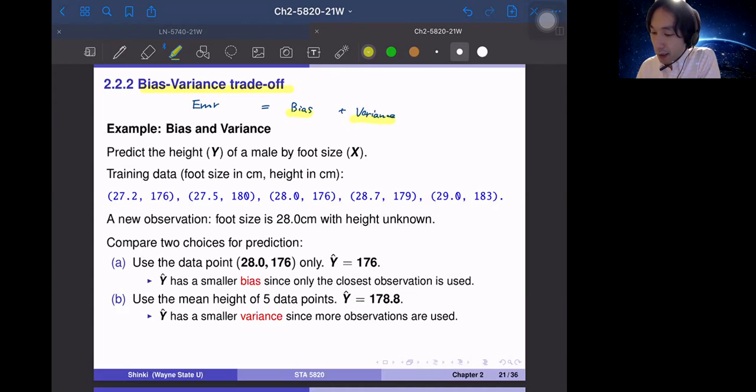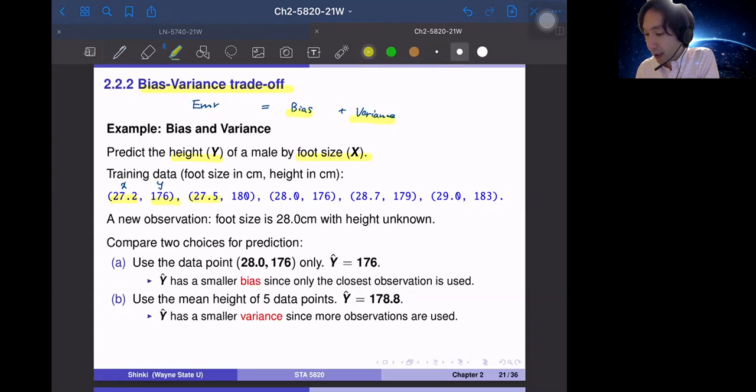Okay, so an example of the bias and the variance. Suppose we want to predict the height of a male by foot size. Usually the height and foot size are proportional, so X is a good measure for Y. Suppose that we have 5 observations, the training data set. The first entry is the foot size x, and the second entry is the height y.